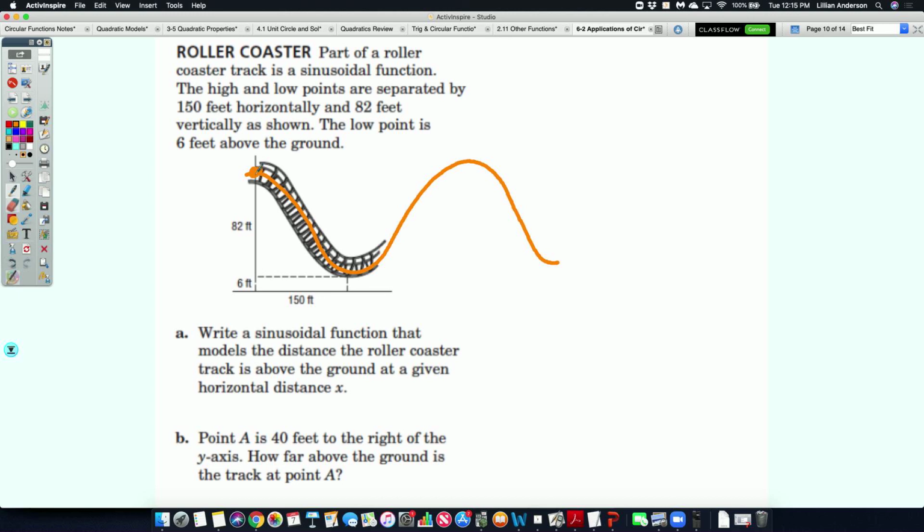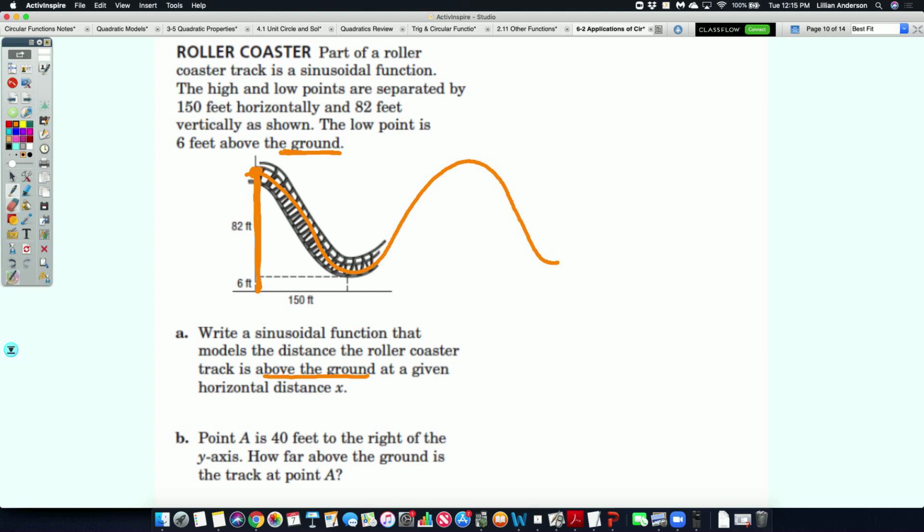Now, 82 feet separate the highest and lowest points, but the lowest point is 6 feet off the ground. So what is that full distance right there? No. It's 88 because it says from the ground, okay? Above the ground.